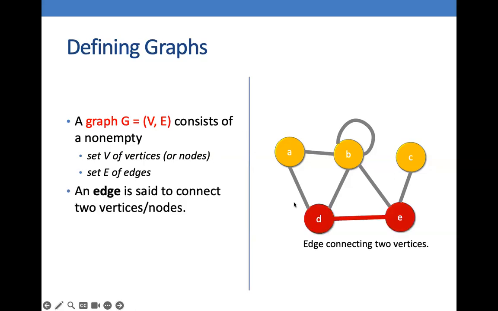An edge, as you have seen, is said to connect two vertices or nodes. For example, this D and E is connected by an edge.